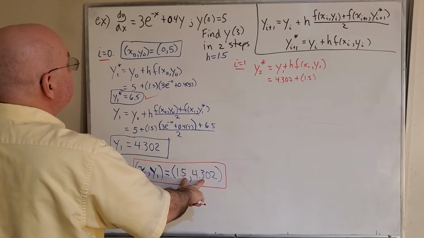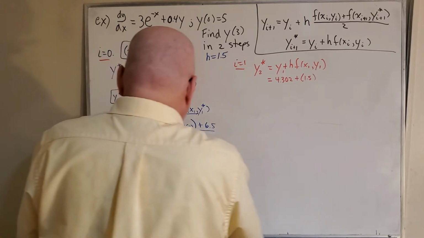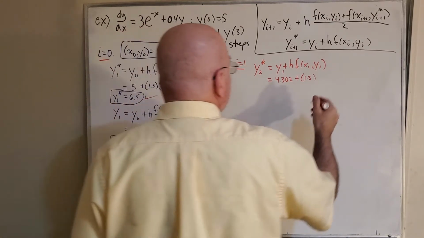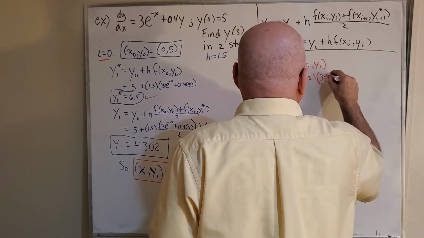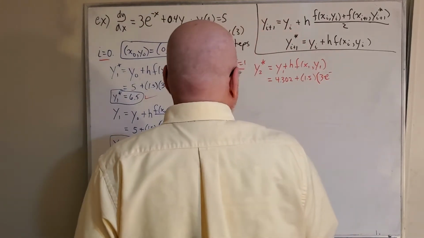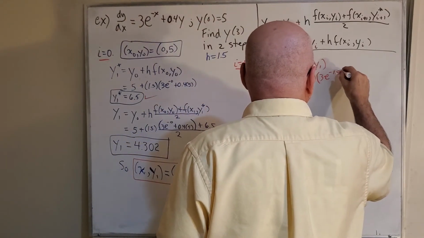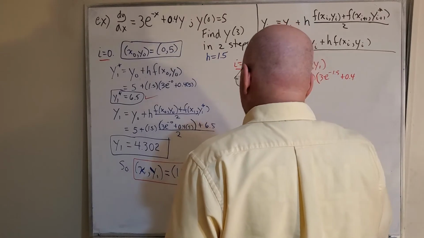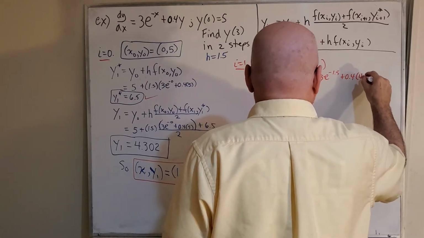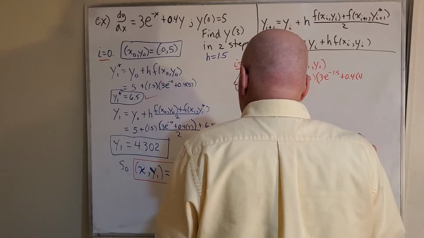We have to plug these two into the function. So I'm going to get 3e to the negative x, which is 1.5, plus 0.4 times our y, which is 4.302.